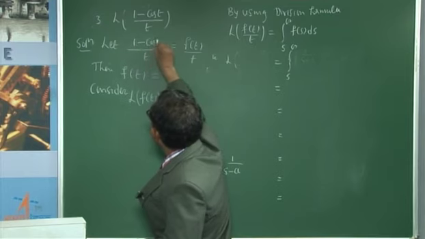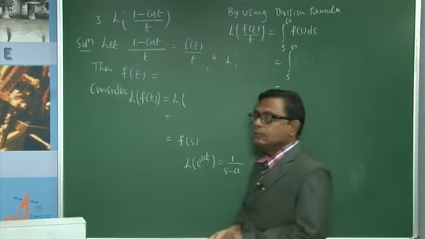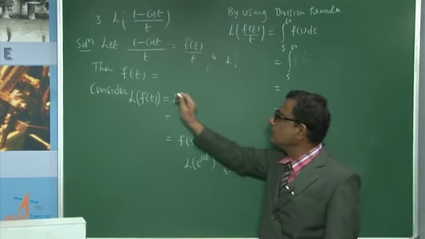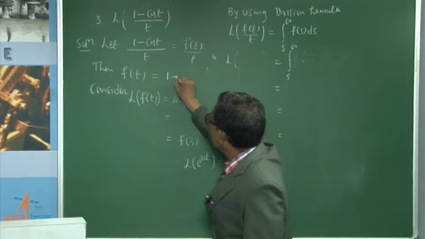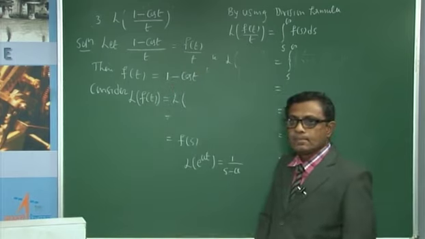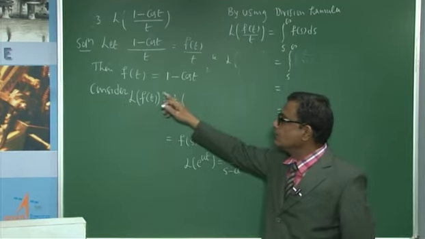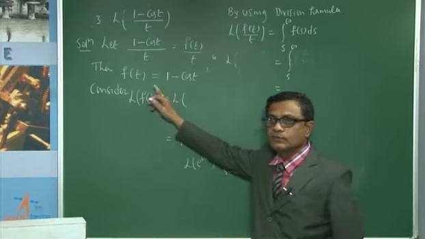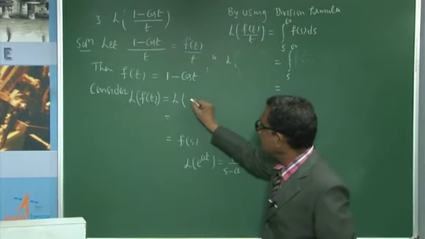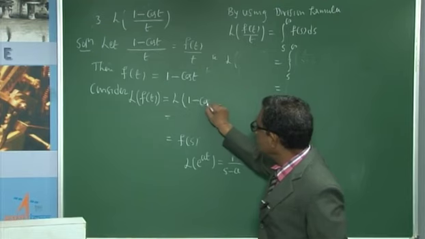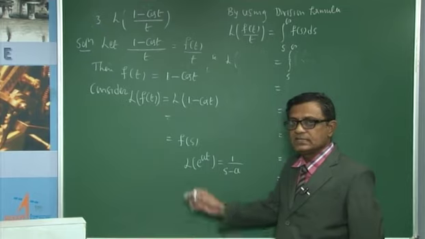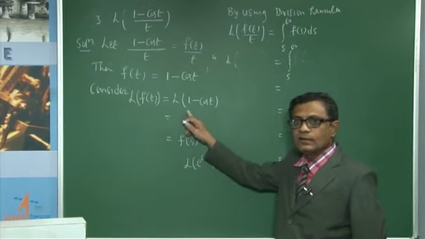If you consider (1 minus cos t) by t equal to f of t by t, then your function is 1 minus cos t only. Then find the Laplace transform of the function f of t, that is L of f of t, L of 1 minus cos t. Then use the basic standard formulas of Laplace transform.